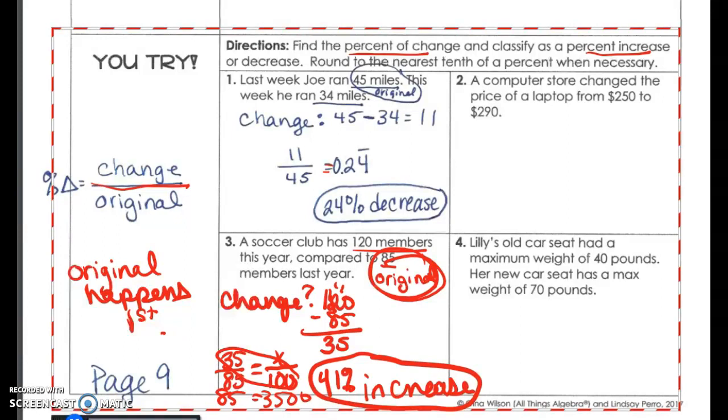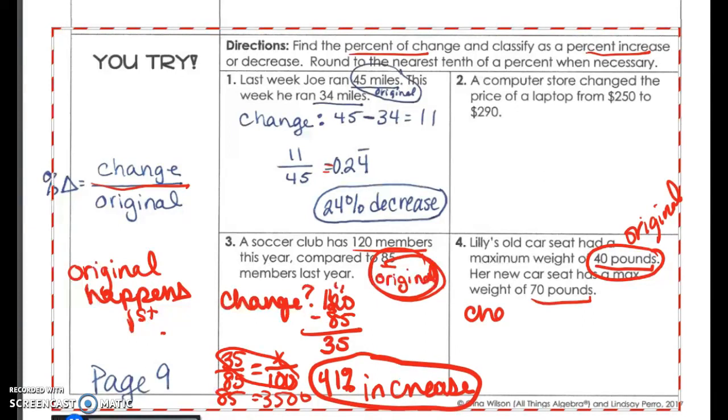Okay, I feel like I went back and forth on that, so I better do another one. Lily's old car seat had a maximum weight of 40 pounds. Her new car seat has a max weight of 70 pounds. So this is what she had originally. That's what she had first, so that is the original.